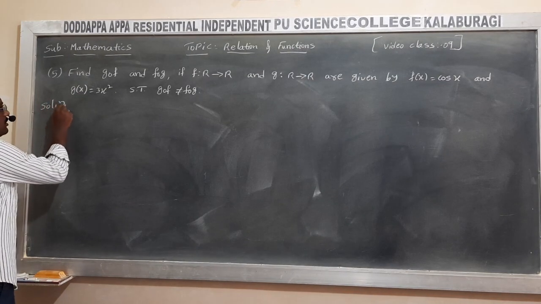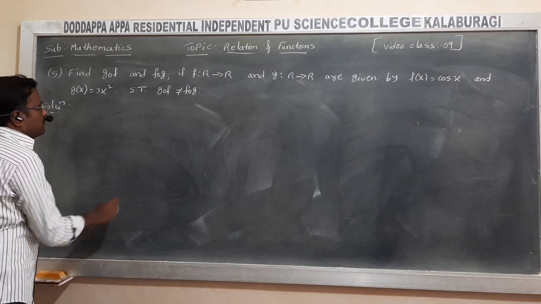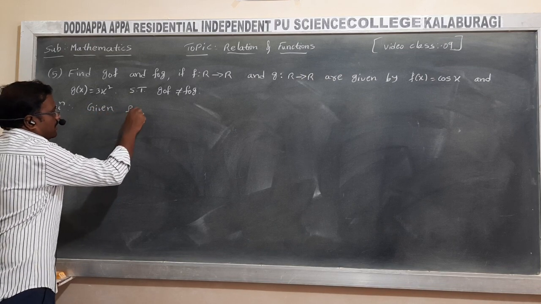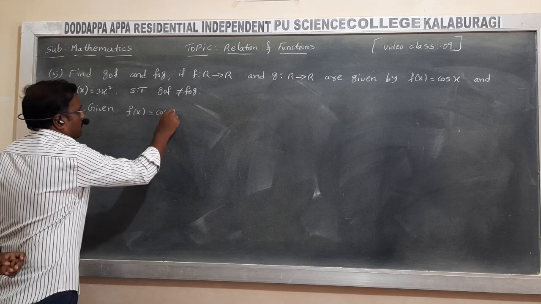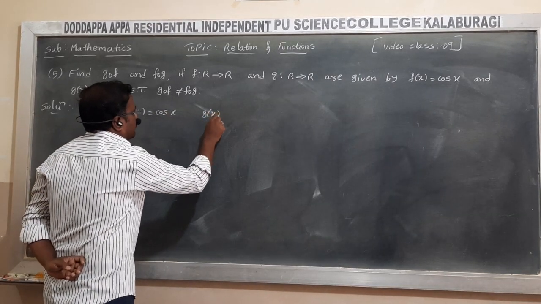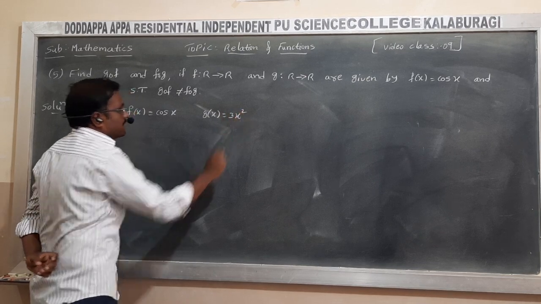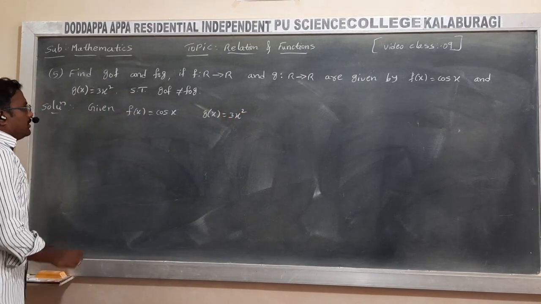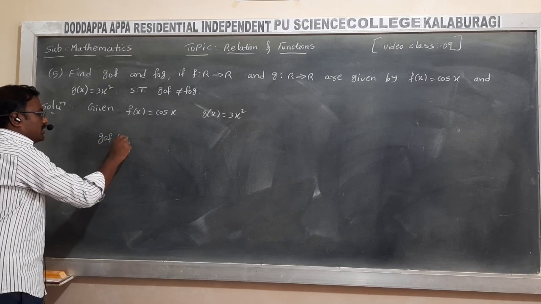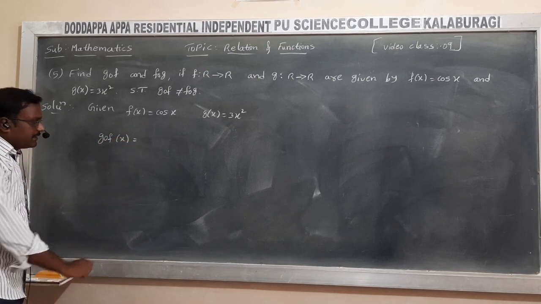Okay, so first of all you can write what is the given condition. f of x is equal to cos x is given and similarly g of x is equal to 3x square is given. So first you can find out g naught of f. Consider x.